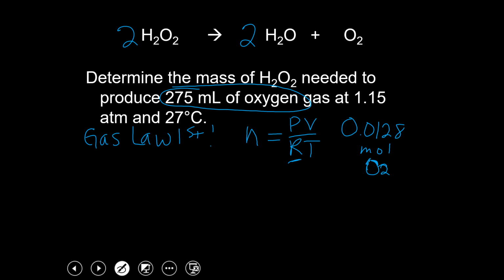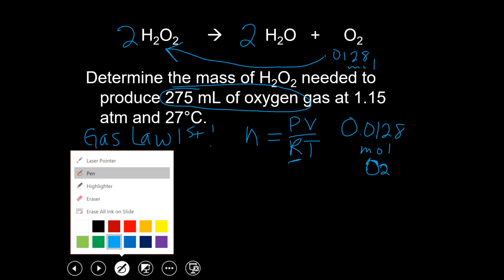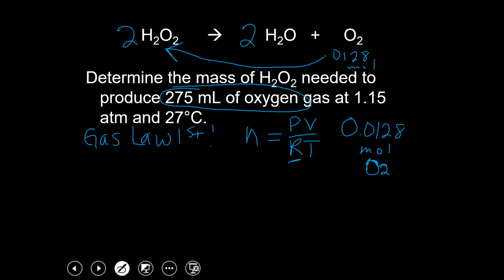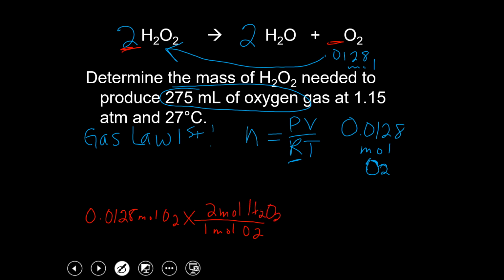Once you have the moles of oxygen, 0.0128 moles, you can just do stoichiometry to get the mass of the H2O2. So you have 0.0128 moles of oxygen. Got your mole to mole ratio, 1 to 2. 1 mole of oxygen, 2 moles of peroxide.